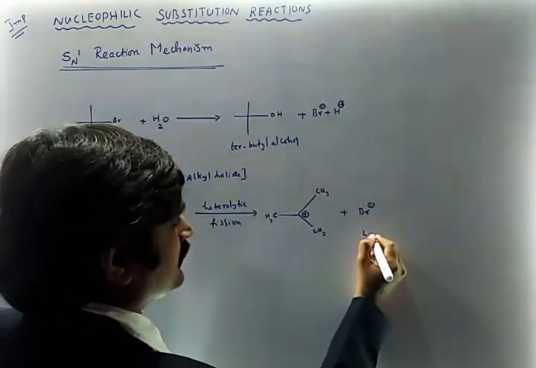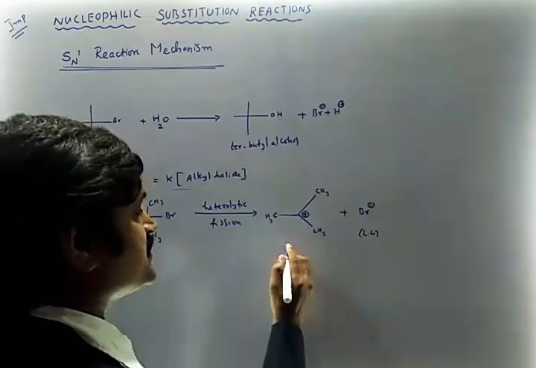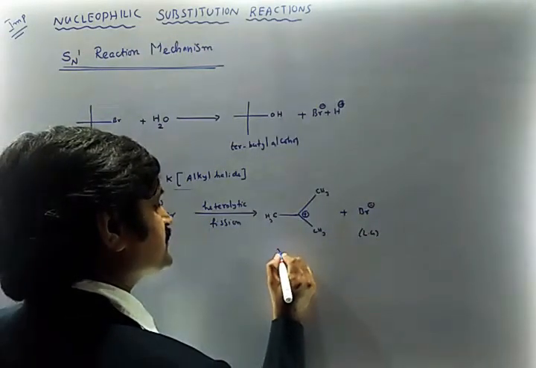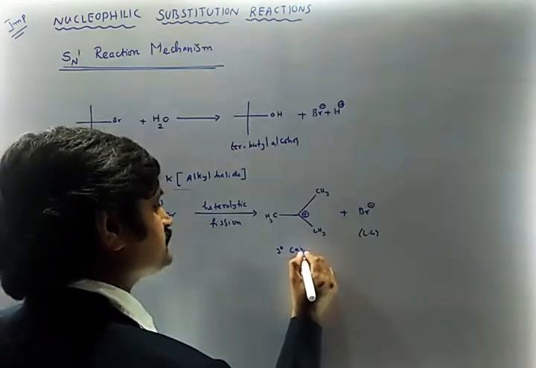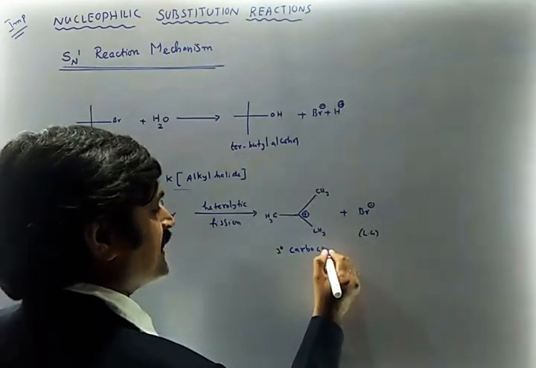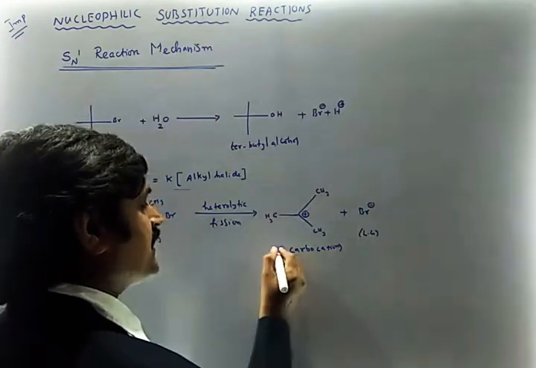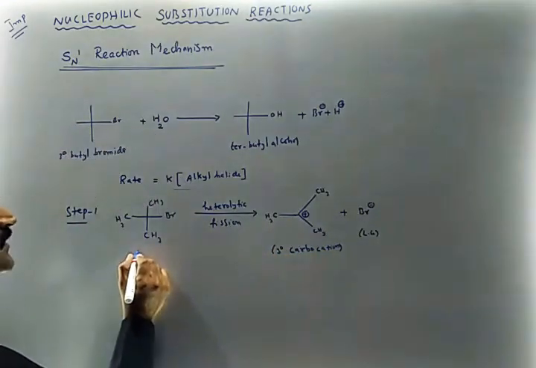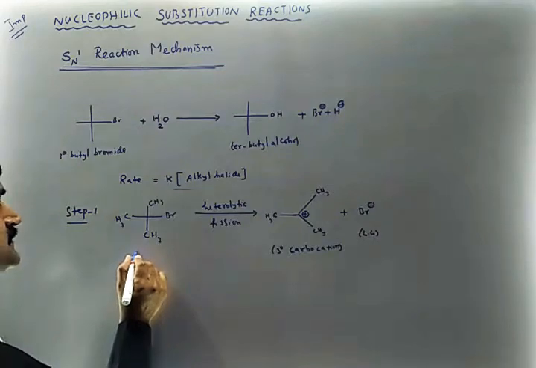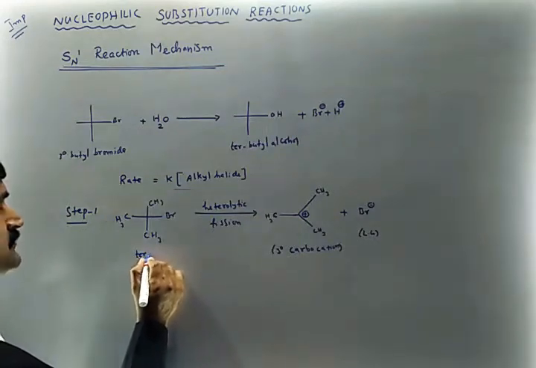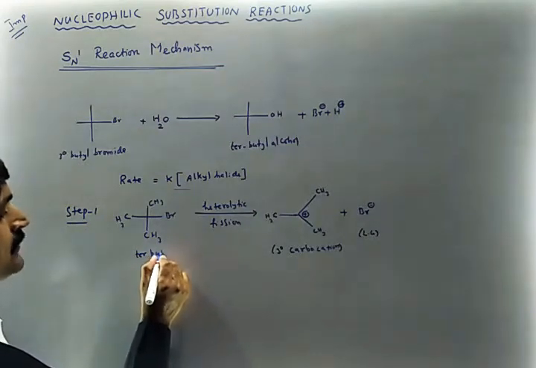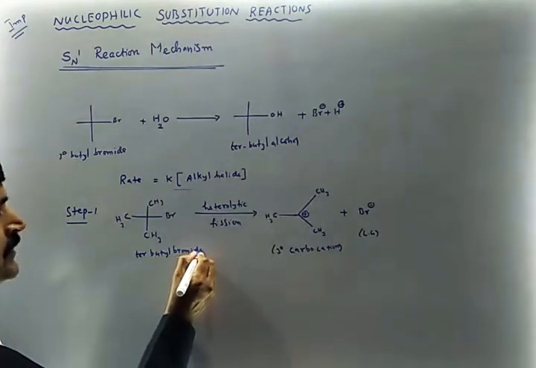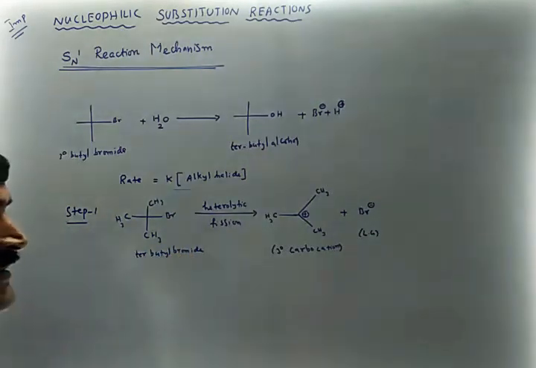So this is our leaving group, and this is the tertiary carbocation. In this case, it is highly stable. This is tertiary butyl bromide, and this is the first step of the reaction.